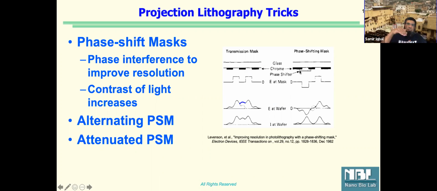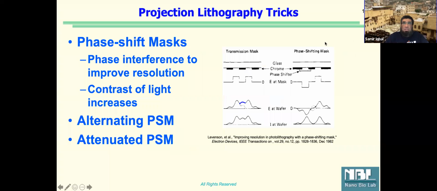When you have a wave traveling, it's always traveling with some phase. If there's another light which is out of phase, and if they come together, they would cancel each other out, right? Constructive and destructive interference for waves.